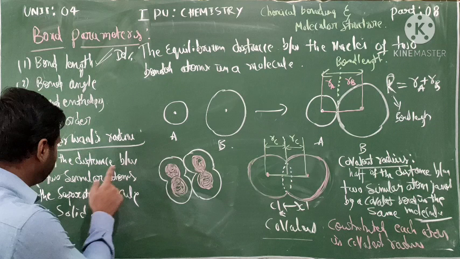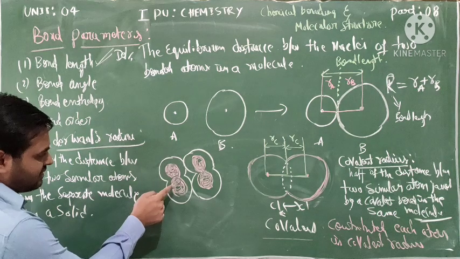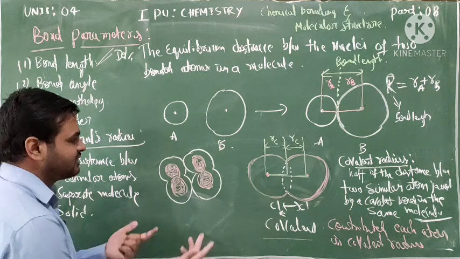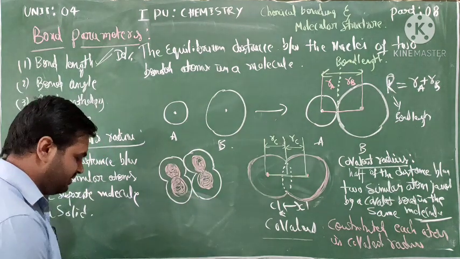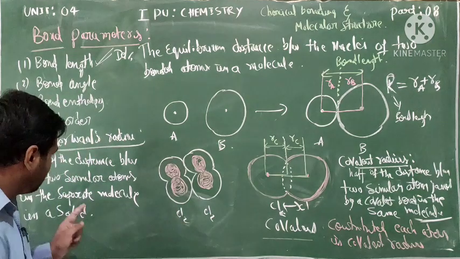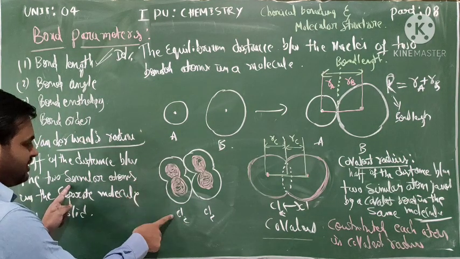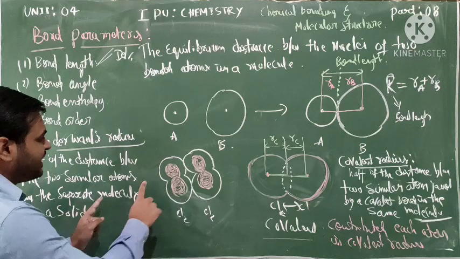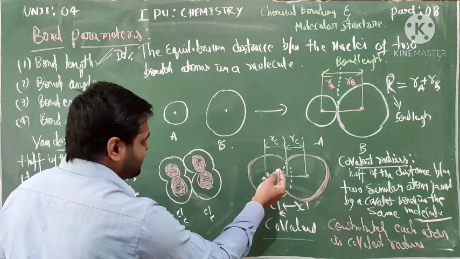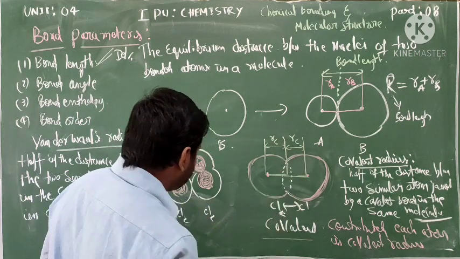Half of the distance between the two similar atoms. This is the same atom. For example, you can take hydrogen molecules, chlorine molecules, or fluorine molecules. I have taken chlorine molecules, Cl2 and Cl2, so similar atoms in separate molecules.